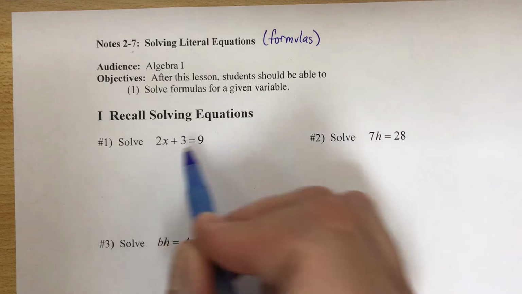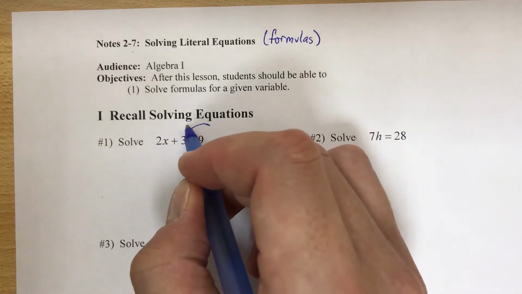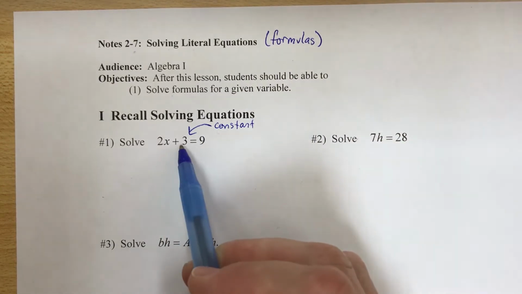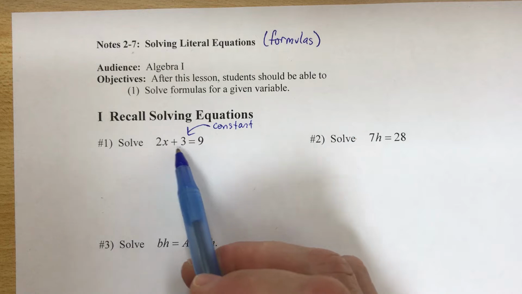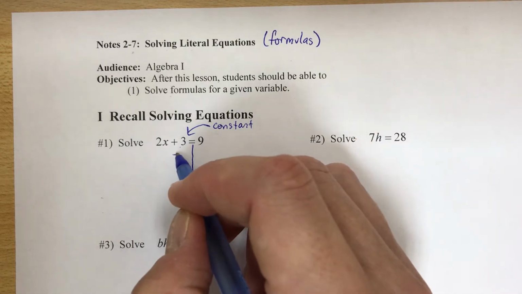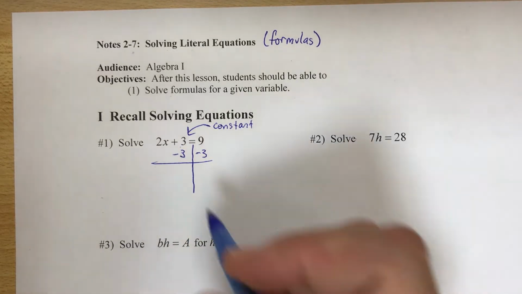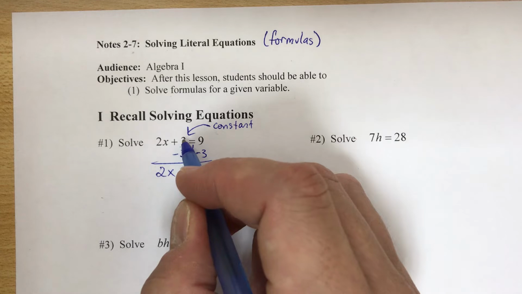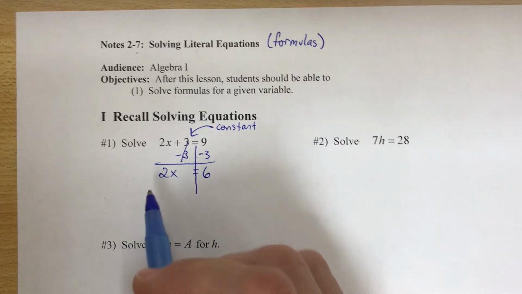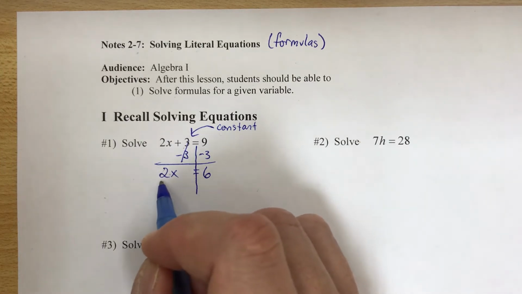So if we solve this, 2x plus 3 is equal to 9, the first thing we do is we move the constant, which is the number that is not multiplying the x, so in this case, plus 3, and we move the constant by doing the inverse, which is subtraction, so minus 3 on both sides, and we get 2x equals 6. And then our last move is to divide by 2, because we're undoing multiplication.